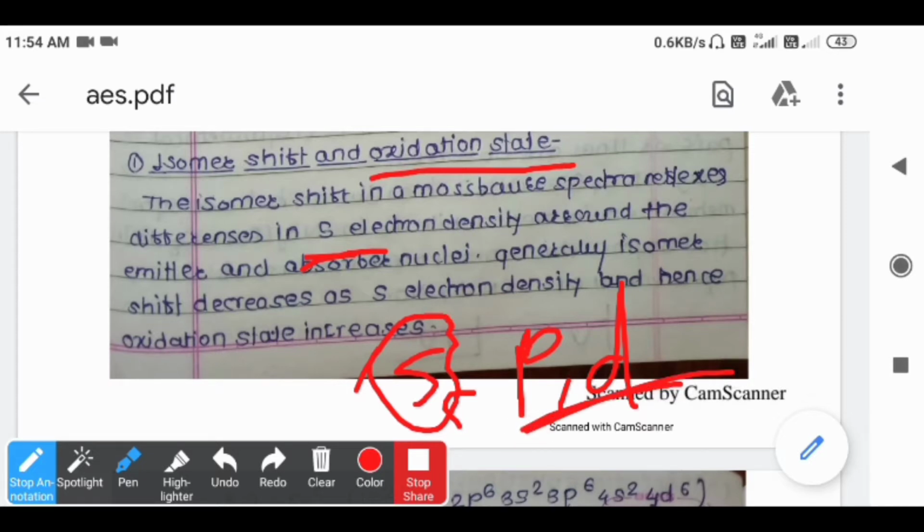So if the oxidation state changes, the electron density changes, and more specifically the change in s electron density results in a change in the electronic environment around the nucleus. Once that changes, the radiation absorbed also changes.